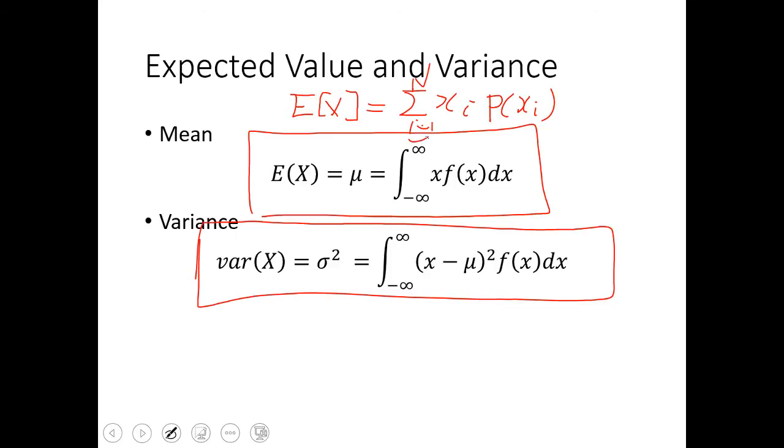So we just change the summation sigma notation to an integral, x_i to continuous x, and the probability of x_i becomes the PDF times dx. Then that is the expression for the mean.